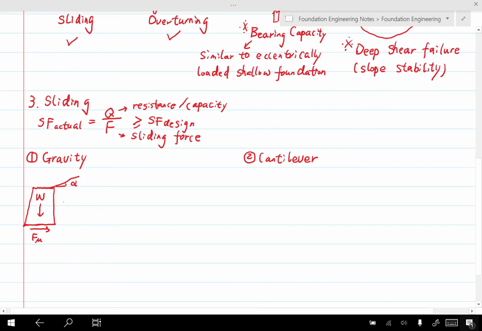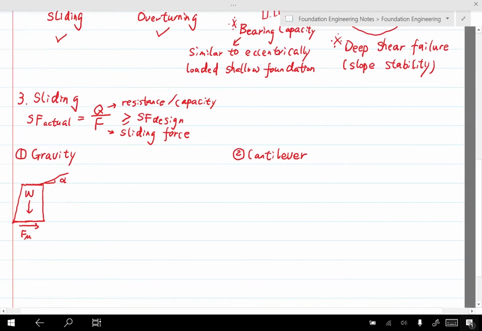And we know the soil on the back of the wall will also apply force on it, and that is F. And if we think about the situation for sliding, it usually happens when soil pushes the wall away. So the wall moves away from the soil.